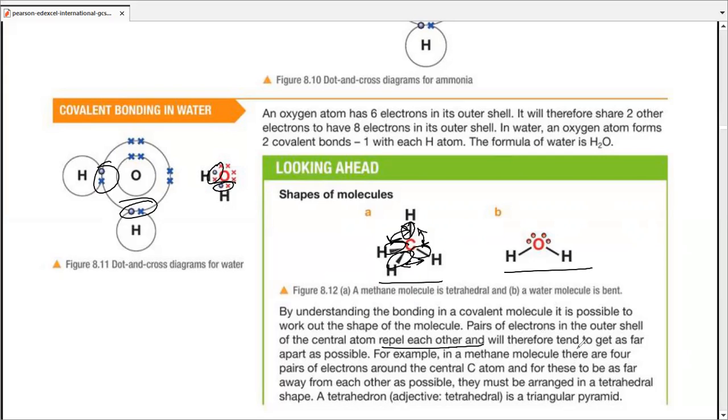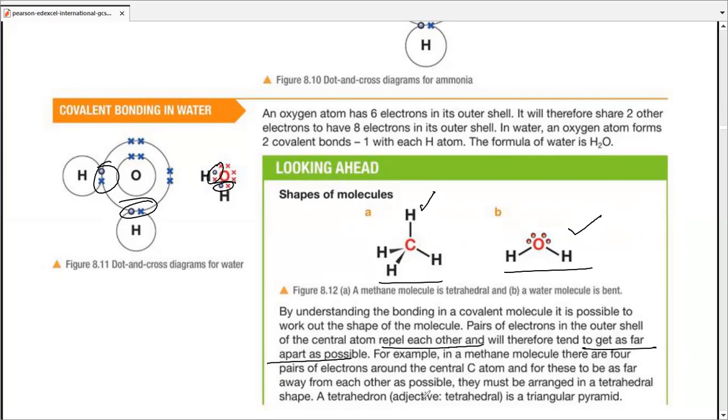So all pairs tend to repel one another and they tend to get as far apart as possible. And this is the maximum far apart which is possible in this case. All right. So that's why this kind of structure forms in methane and this one does in water.